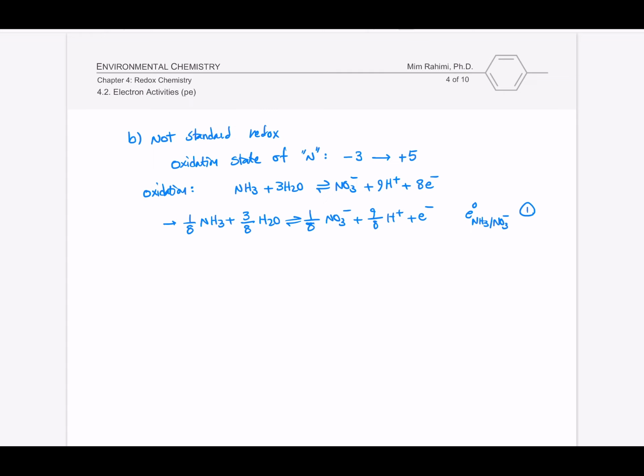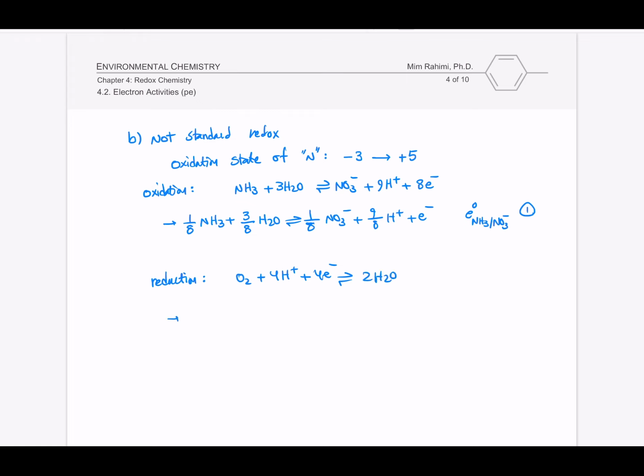So we can do the same thing for the other side of the reaction, the reduction. Just for the sake of time, I quickly balanced the reaction. It would be O2 plus 4 hydrogen plus 4 electron to give us 2 water.